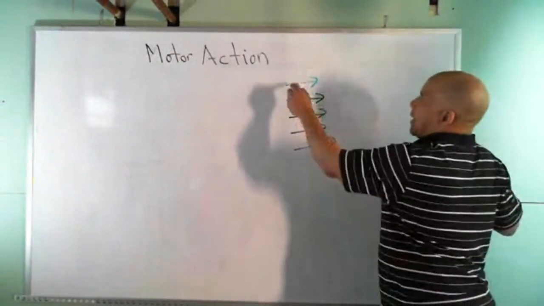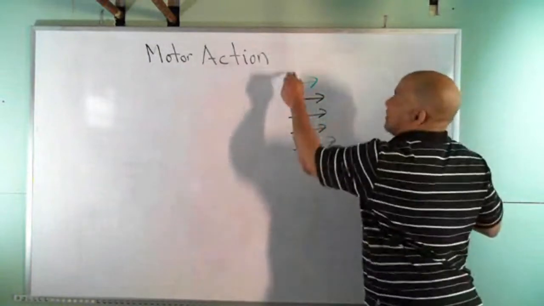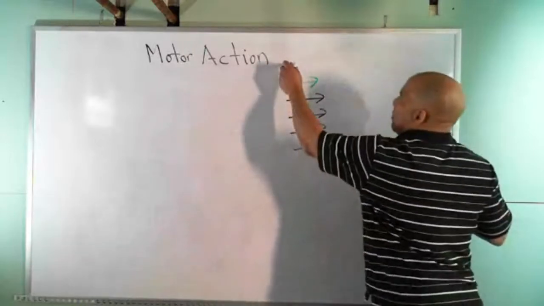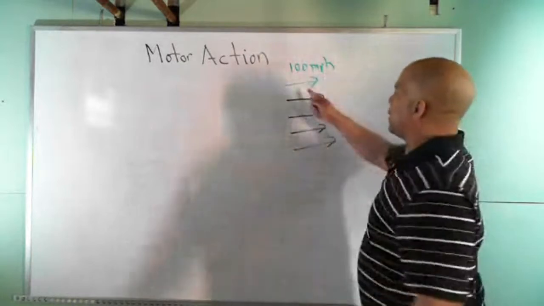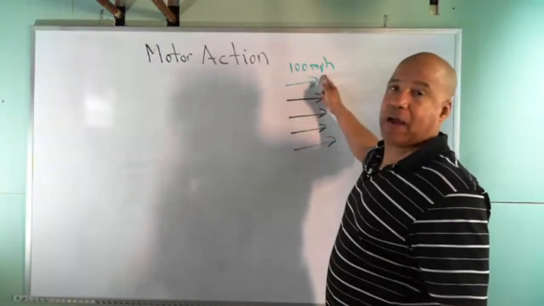Let's say this airplane by itself, with no wind, is flying at 100 miles per hour. So here's the velocity vector of the airplane, 100 miles per hour.